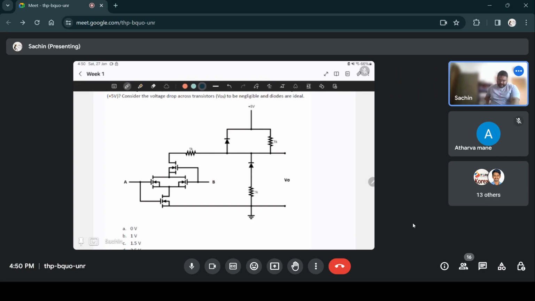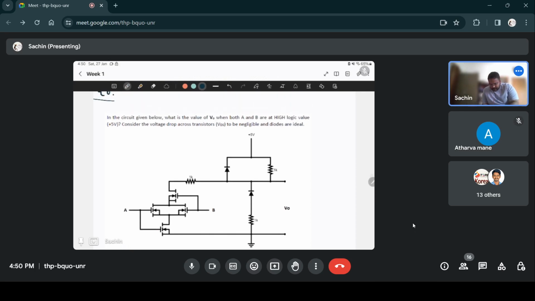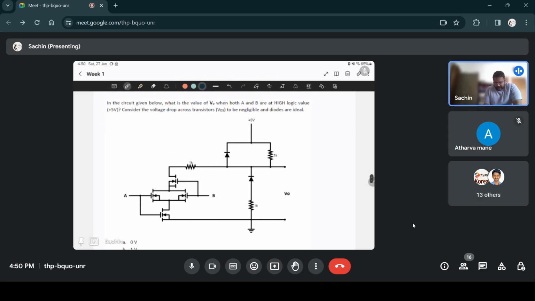Okay, so here both A and B are high. So since this gate voltage is high, VGS is 5 volts. So this transistor is on. Since that transistor is on and VDS is negligible, this will also be at say 0 volts approximately.